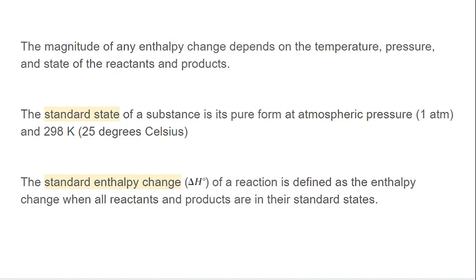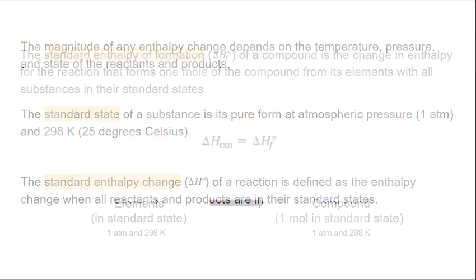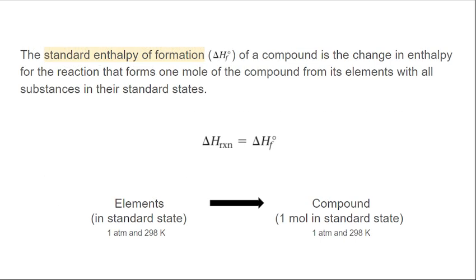When we put that all together with the enthalpy of formation, we get the standard enthalpy of formation. The standard enthalpy of formation is the change in enthalpy for the reaction that forms 1 mole of the compound from its elements when all substances are in their standard states.